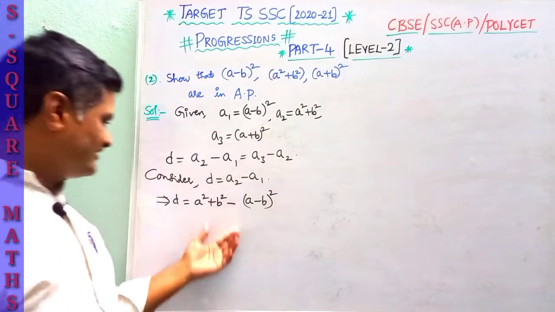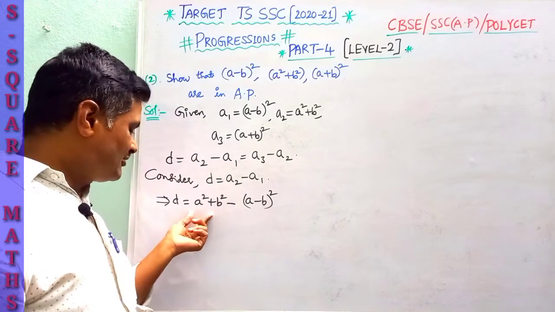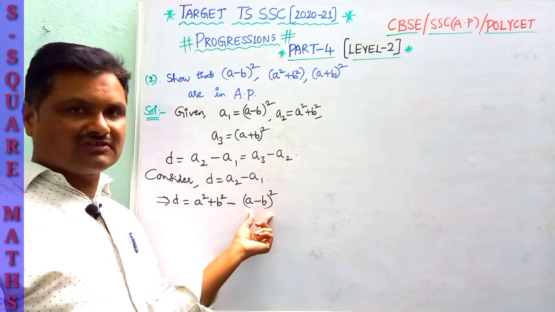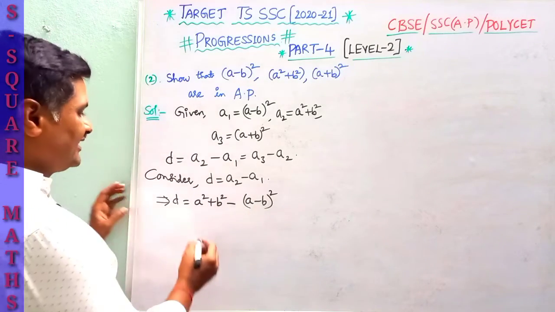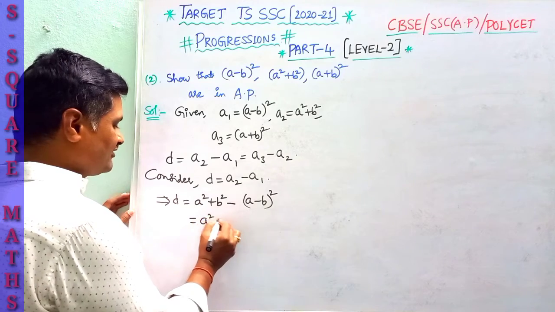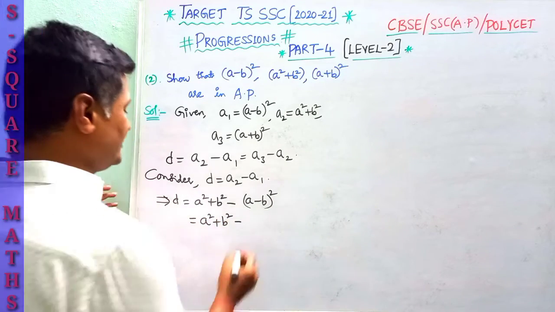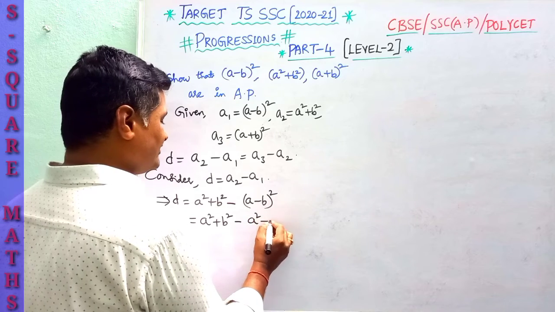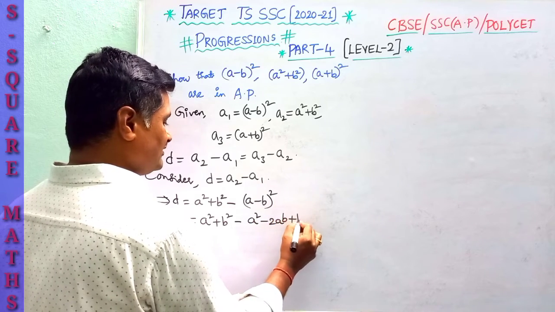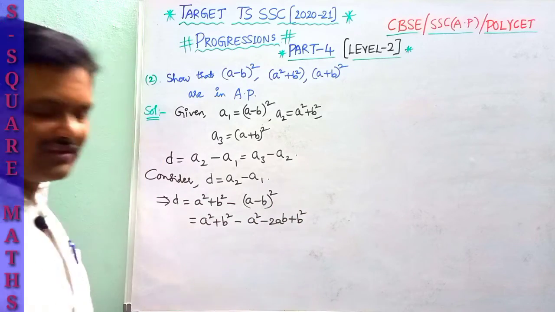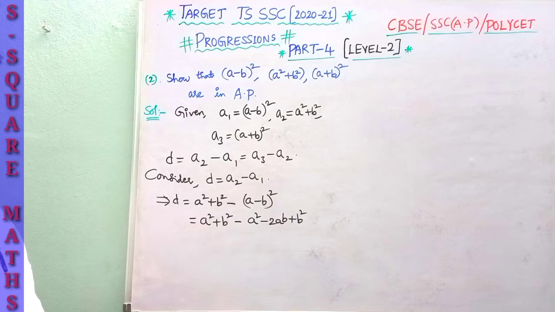So next step we are going to proceed with a square plus b square minus (a minus b) whole square. So here I can write a square plus b square minus, here nothing but (a minus b) whole square, a square minus 2ab plus b square. So next, if you simplify, you are going to get the answer.